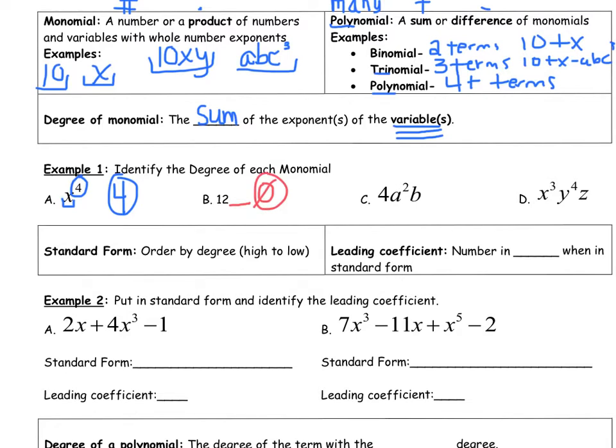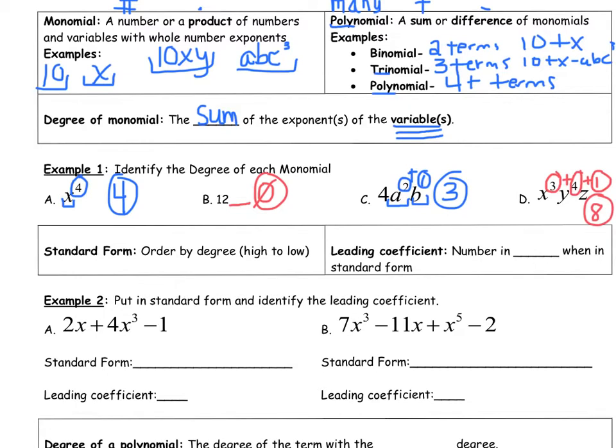In C, I don't count the exponent on the 4, but I'll count the 2 on the a, and the 1 on the b, and 2 plus 1 is degree 3. Last, I'll count the 3 on the x, the 4 on the y, and the 1 on the z, and when I add those up, 3 plus 4 plus 1 is 8.